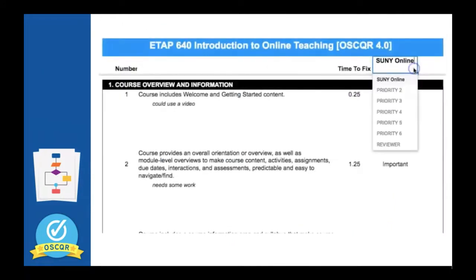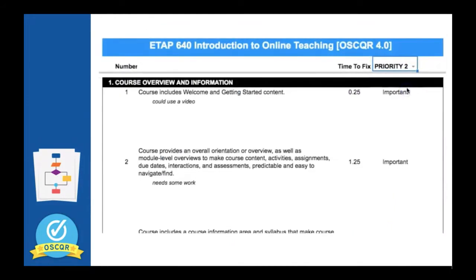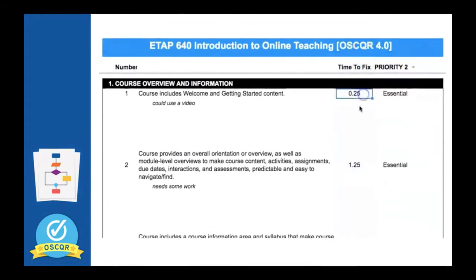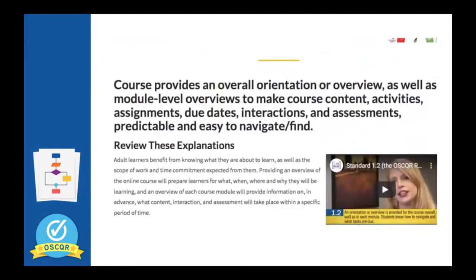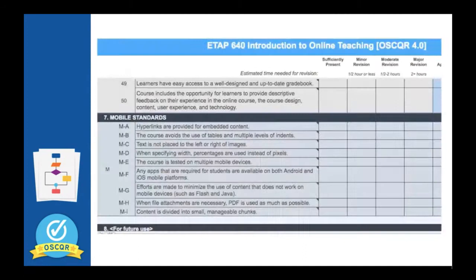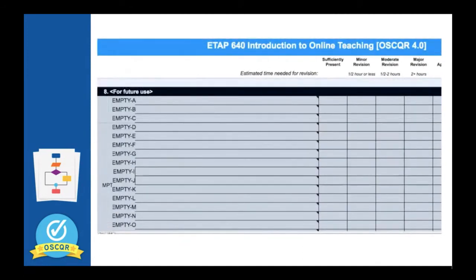The rubric also produces an action plan, allows for prioritization of standards, estimates amount of time to make improvements, offers suggestions and examples for improvements, accommodates modification and addition of standards.